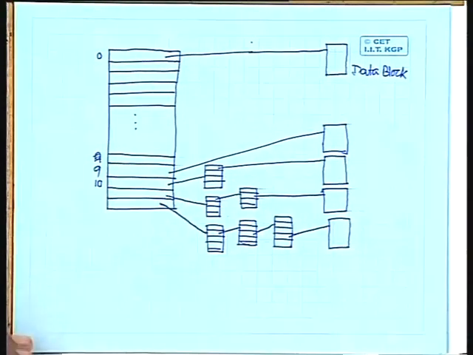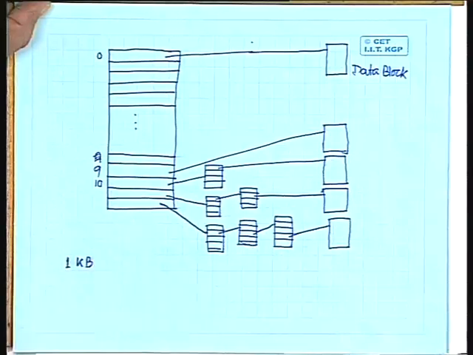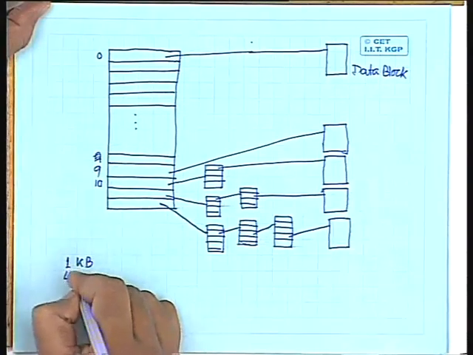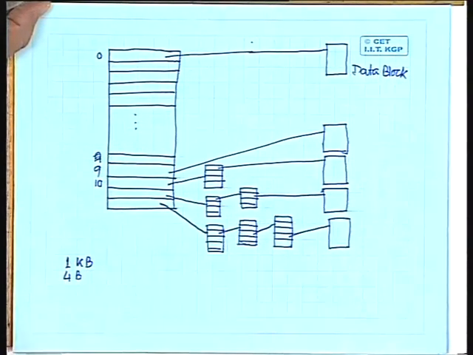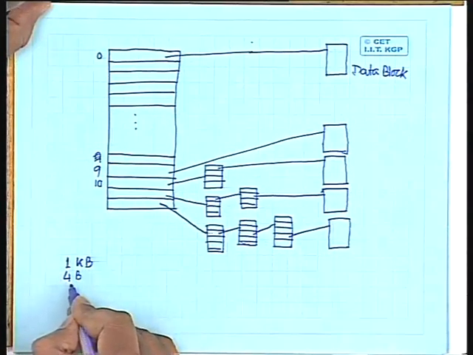Now let us find the file size that can be accessed by such an inode table of contents. Let us assume that every block is of size 1 kilobyte, and for addressing a particular block I need 4 bytes.